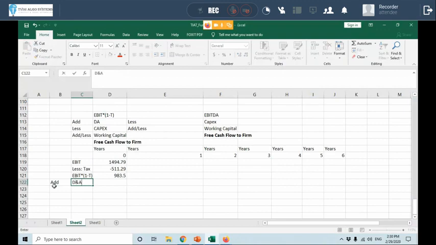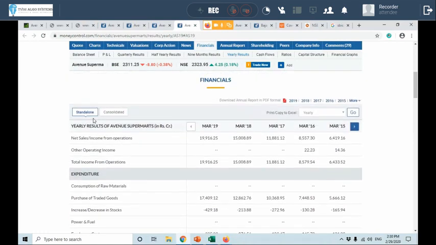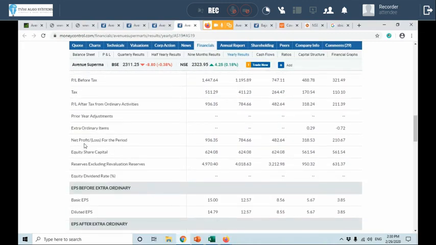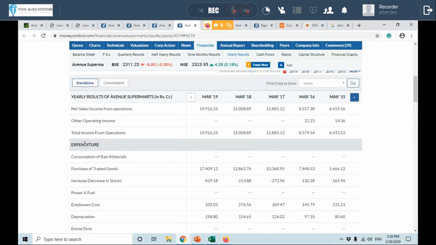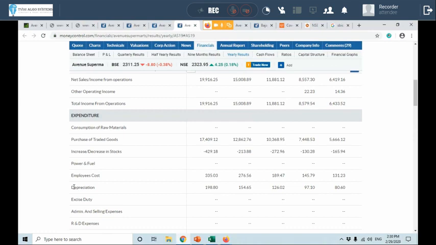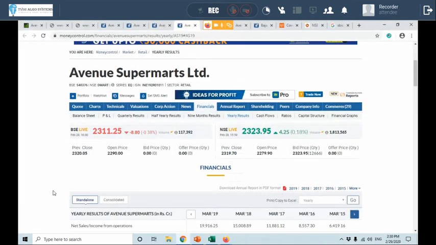Depreciation and amortization. Let's see what is D&A for this company. They do not mention D&A. Why? Expenditure, power, employee. Okay, here is depreciation: 198.80. So I will add this back. I will subtract capex. I will get capex from the cash flow statement. What is the capital expenditure?